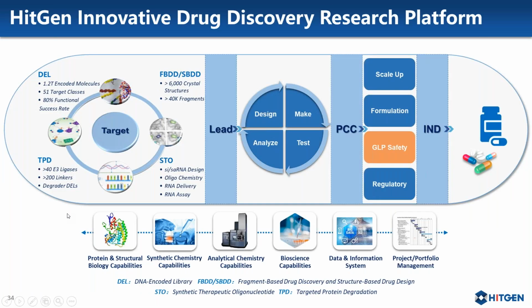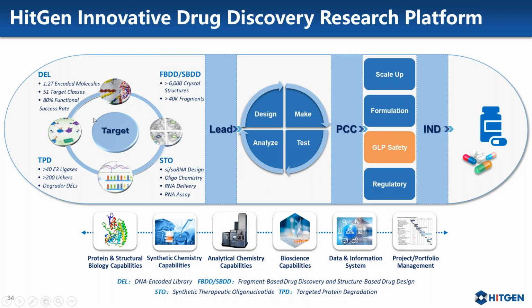We are currently focusing on an innovative drug discovery research platform. We have built our technical research platform from target to IND-enabling stage. Except for GLP safety, we have set up all of the facilities for our own projects and also for services.